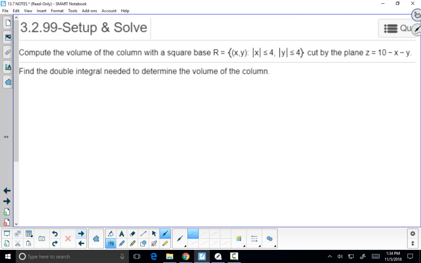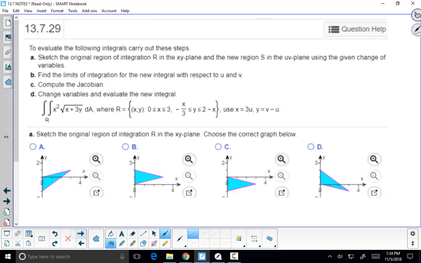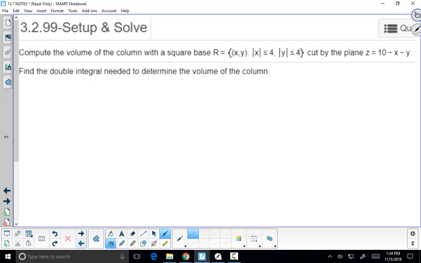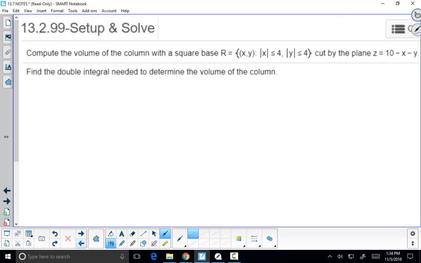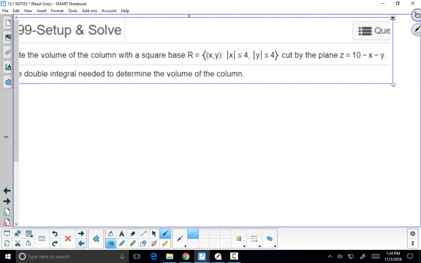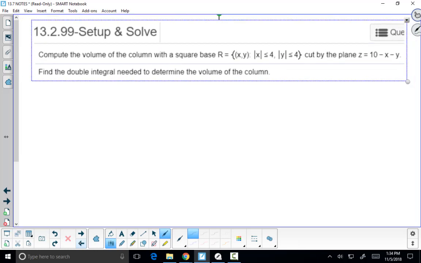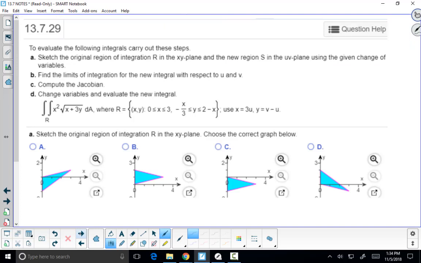This is 13.2. Oh, this is 13.2 and this one is 13.7? Yes, that one. Let's do the 13.7 one first. Let's finish off 13.7 and then we'll go to the other one. I guess there's a clue that that's not 13.7 right there. Now I see the 13. Okay, now it's making sense.